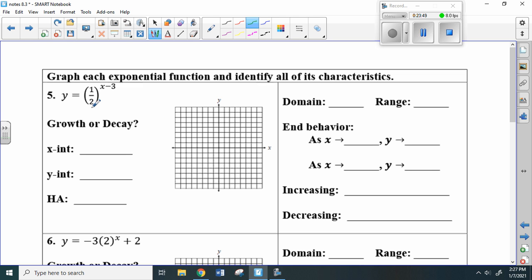And please understand that you're looking at the b number, the number that's immediately before you raise to the x. Since that's a 1/2, a fraction less than 1, that's going to be a decay problem. So that is not a transformation.